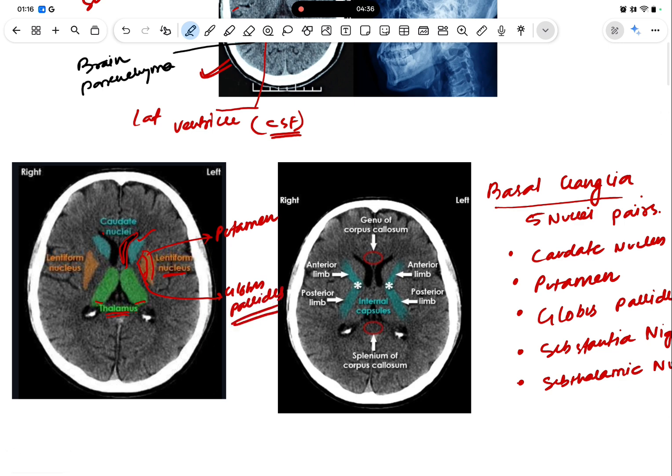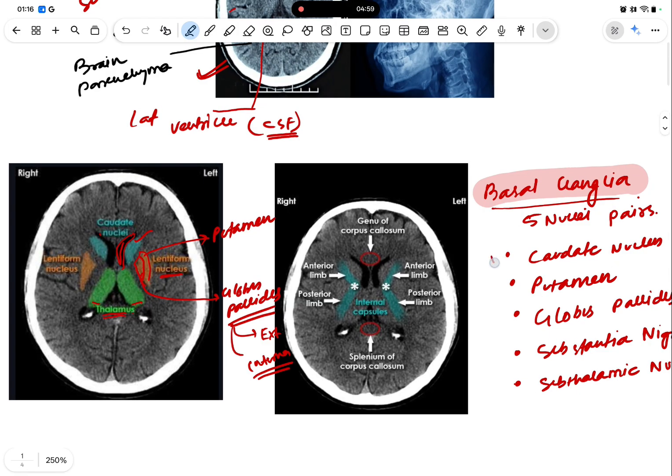Globus pallidus is also divided into globus pallidus externa and globus pallidus interna. So they constitute one important structure known as basal ganglia.